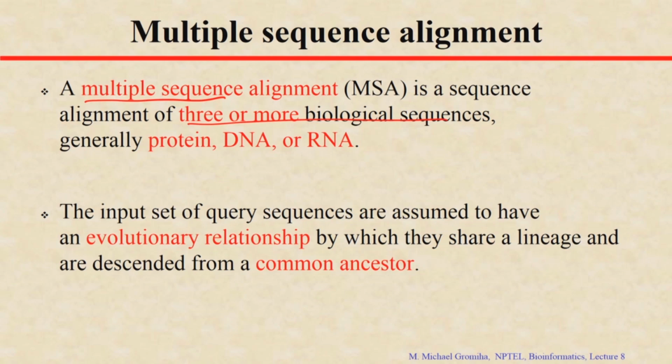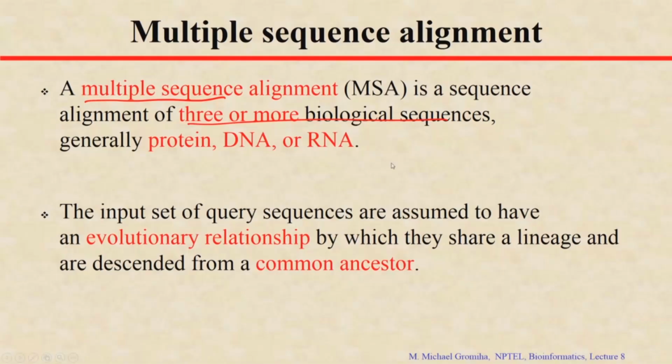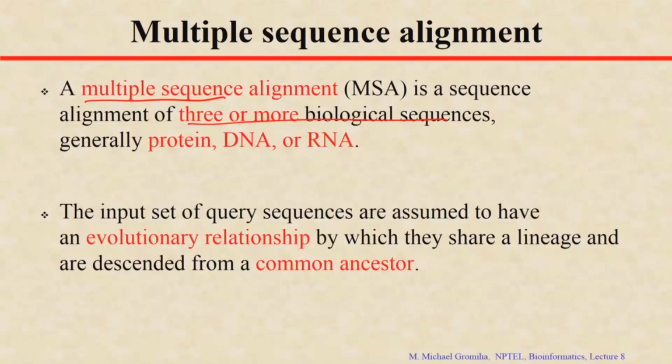So, what information do we get from multiple sequence alignment? Conservation, right. We can see whether these sequences have any evolutionary relationship. With the input query sequences, we assume that these sequences are similar, and we see where they are similar and where they are distant. For example, we showed chicken and human hemoglobin.